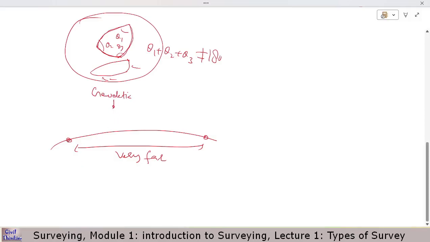So what we do here, we use the geodetic surveys. For example, this point and this point, because they are far apart, we get some reference points using the geodetic survey, which is complex. But when we want to do it in a small portion, because we have this reference point, we take it as a reference and locally we do the plane survey, okay.